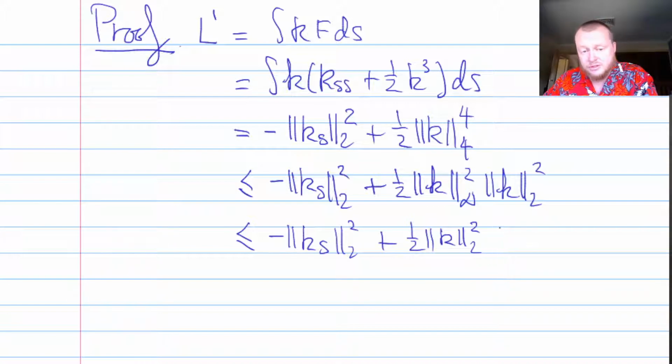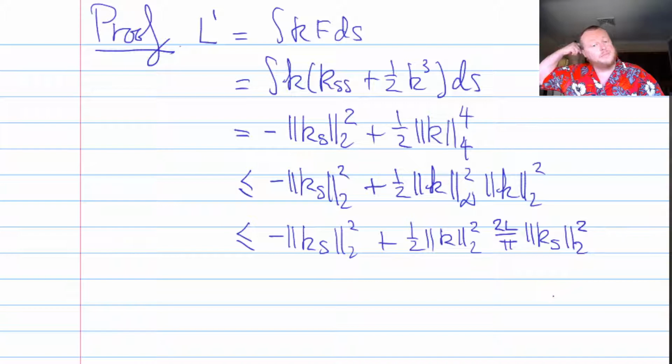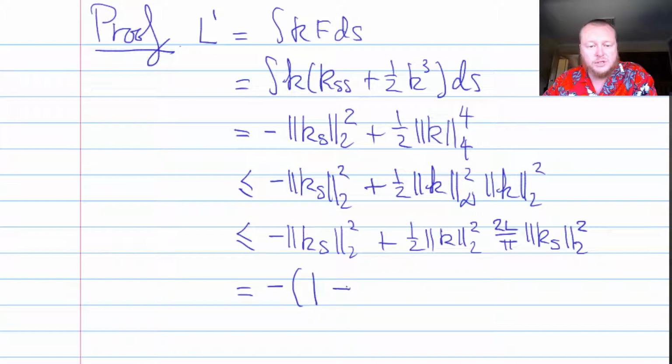The coefficient is 2L over pi. And then you're left with k_s in L2, just like that. Now we just collect these terms together as a coefficient. I'd keep a minus sign at the front, why not? 1 minus, you see these 2's cancel, and you're left with L k in L2 over pi.